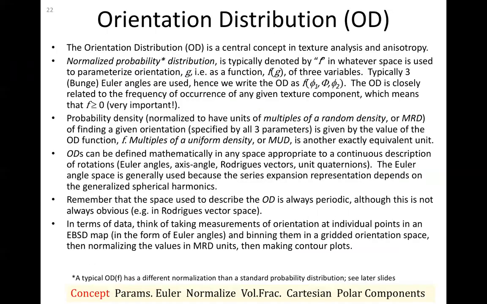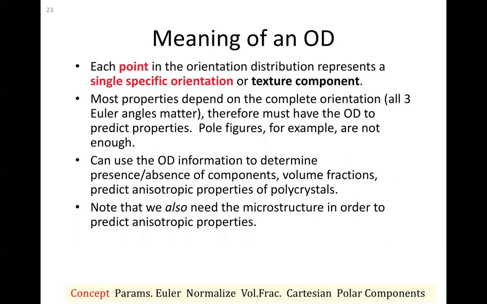Bunge-Euler angles. So what do we mean by orientation distribution? I've been saying this a lot, right? But we haven't defined it, right? So it's a probability distribution over the orientation space, right?